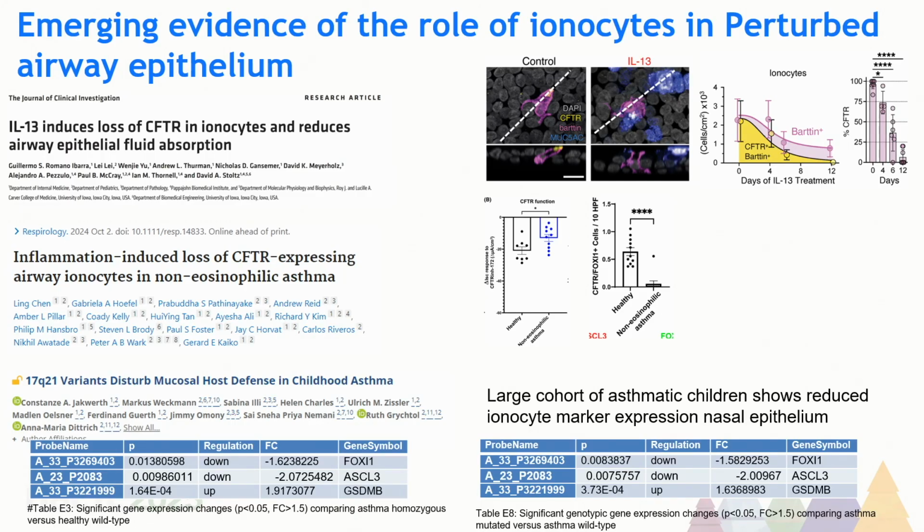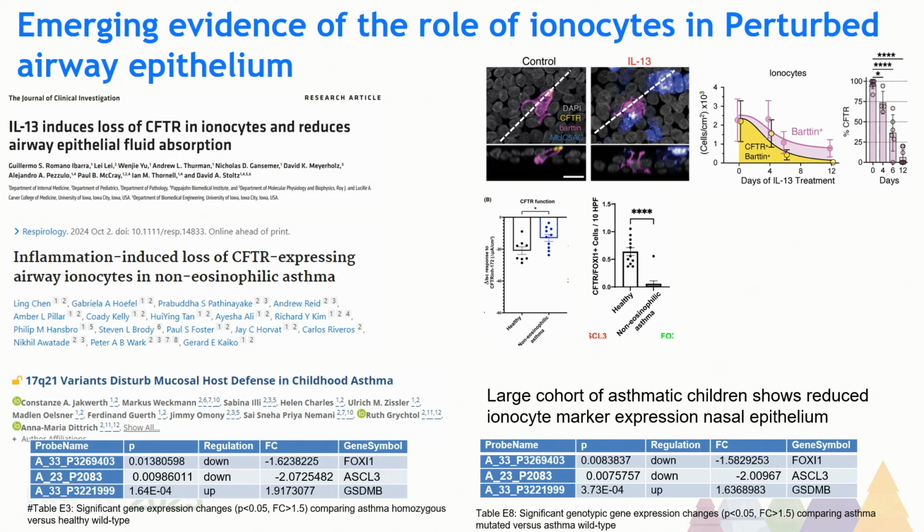If you dig through the supplementary data, you'll find that in the asthmatic children compared to healthy controls, there was a significant decrease in FOXI1 and ASL3 expression. And even within comparing severe asthmatics to mild asthmatics, there was an even more significant reduction in FOXI1 and ASL3 expression.